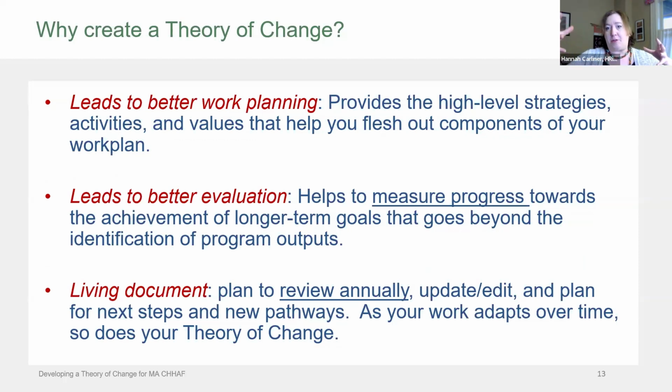So when you're developing your theory of change, you can start with your application and your short work plan and pull those in, because the theory of change helps you illustrate these high level strategies, activities, and values that will help you then flesh out additional components of your work plan. It's a way to cross-check each other and make sure that everything you're listing is reflected in your theory of change, and everything in your theory of change is also reflected as an activity in your work plan.